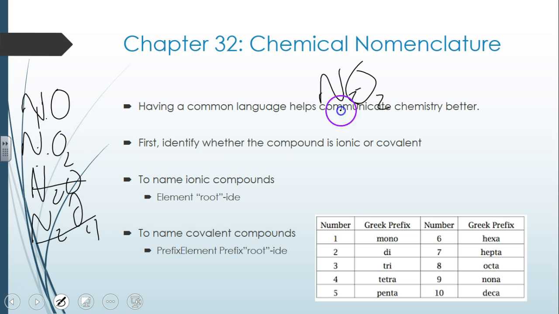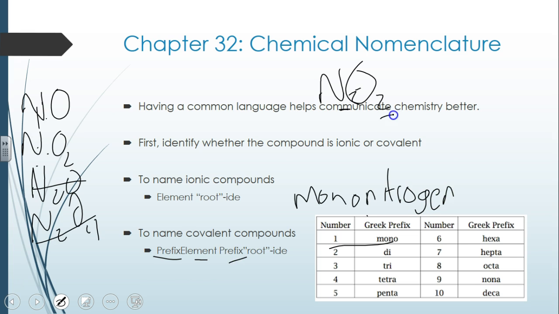When it's 1, we would do mono, because that's the prefix for 1. So prefix, element: mononitrogen, and then the prefix which is 2, that's di, and then oxide.